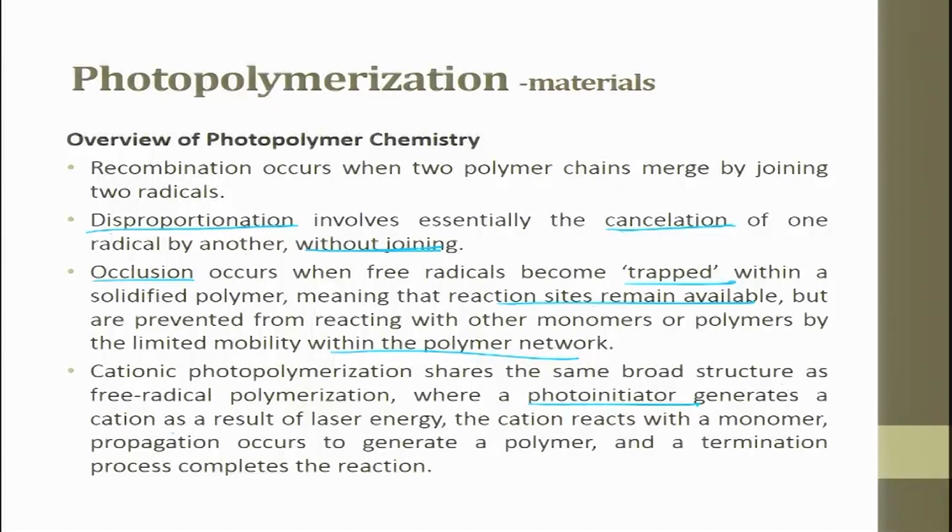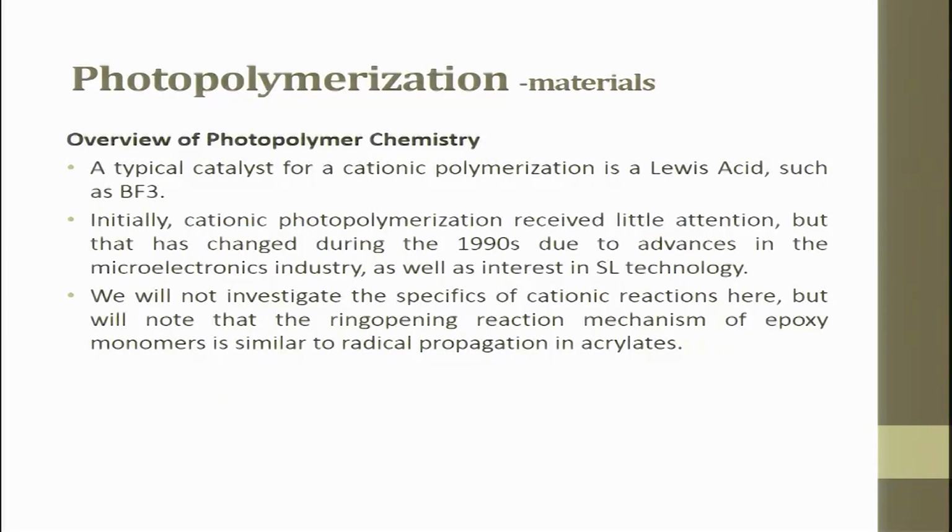Cationic photopolymerization shares the same broad structure as free radical polymerization, where a photoinitiator generates a cation. As a result of laser energy, the cation reacts with the monomer. Propagation occurs to generate a polymer, and the termination process completes the reaction. A typical catalyst for cationic photopolymerization is a Lewis acid such as BF3.